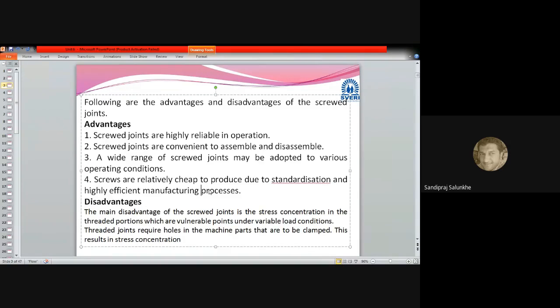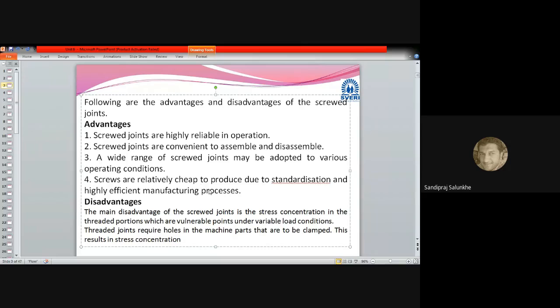That's why these joints are named a bolted joint somewhere, a screwed joint somewhere, a threaded joint somewhere. Please take your own time for understanding this. The third advantage is that a wide range of screw joints may be adopted for various operating conditions.